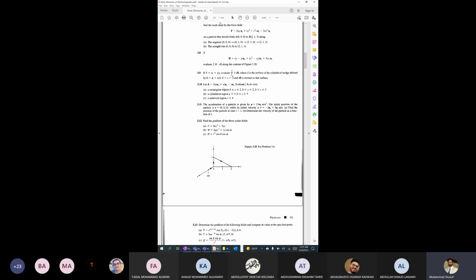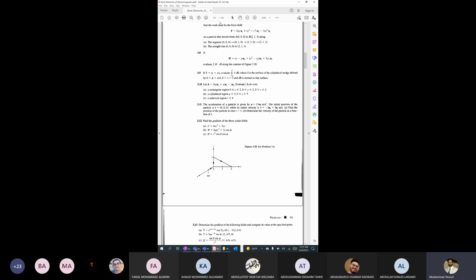Question 3.10. A is equal to this. Evaluate the integral of A dV over this rectangular region, with limits 0 to 2, 0 to 2, and 0 to 2. Okay, so how do we do this?